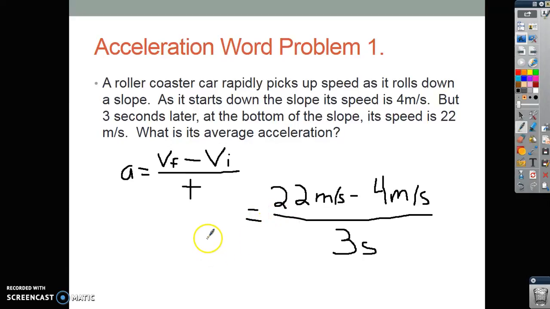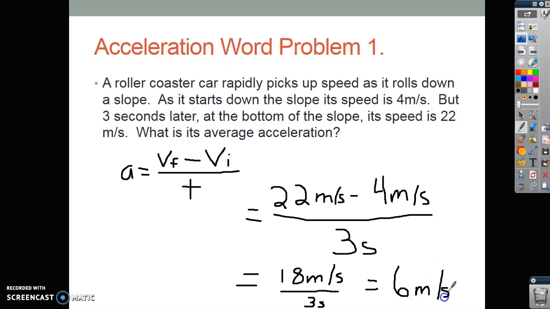Okay. 22 minus 4 is 18 meters per second divided by 3 seconds. So, acceleration is 6 meters per second squared. And it's really important to put that squared there, because what you're saying is you're going 6 meters per second and you're squaring it each second. Okay? So, that's how you solve an acceleration problem.